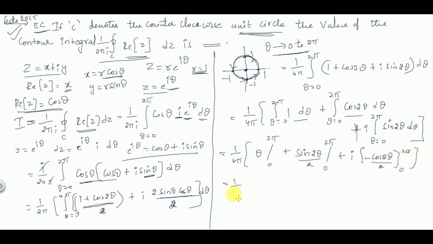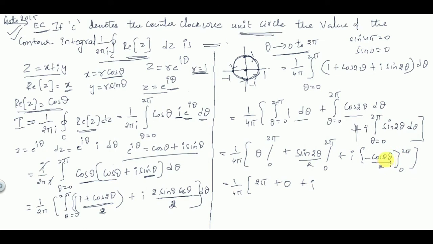So 1 by 4 pi into, this is 2 pi, plus if you substitute the limits it will be sin 4 pi, sin 4 pi is 0, and similarly if you substitute the lower limit it will be sin 0, which is also equal to 0. So 0 minus 0 by 2, which is also equal to 0, plus i into cos 4 pi.